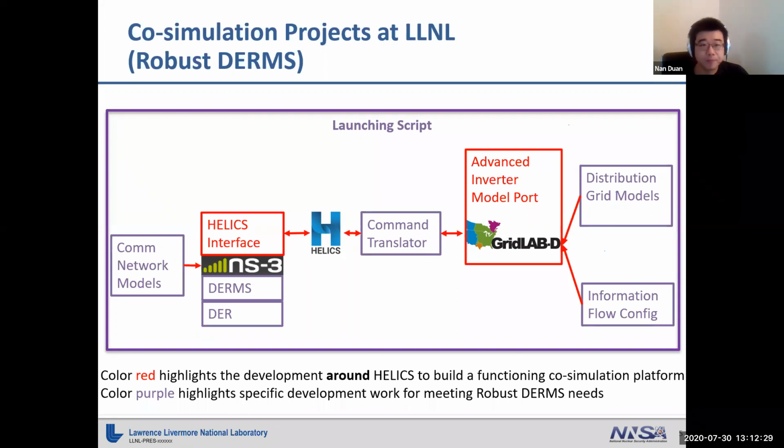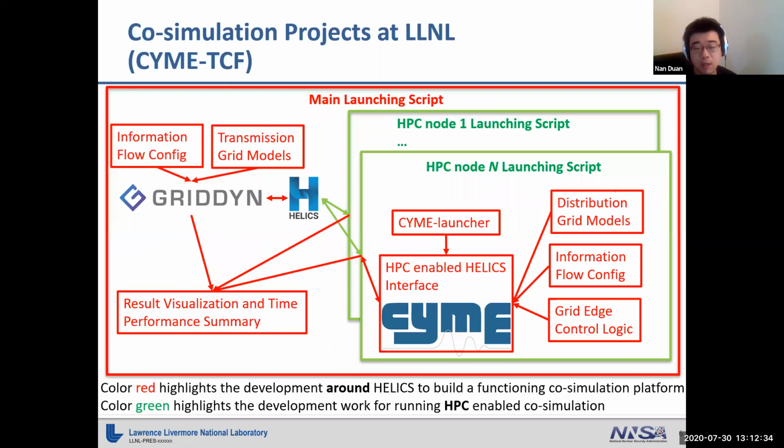And very often, especially at the national labs, we would like to leverage our high performance computing infrastructure. So here comes another project that is not entirely cyber physical, but we are doing transmission and distribution co-simulation. In this case, we would like to simulate different distribution networks in different computing nodes on a HPC cluster.